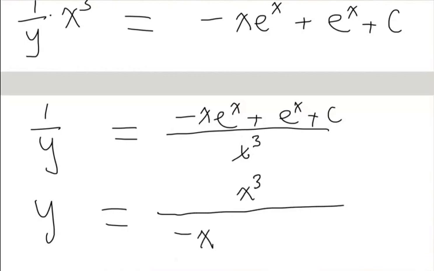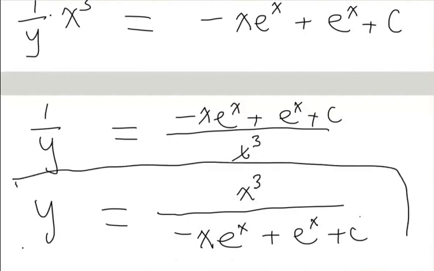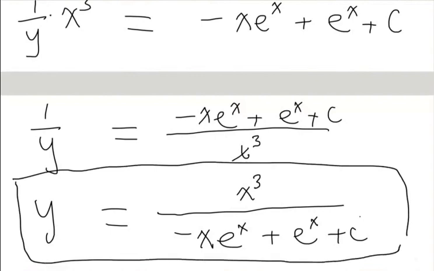We get x cubed divided by minus x e to the x plus e to the x plus c. And this is the general solution.